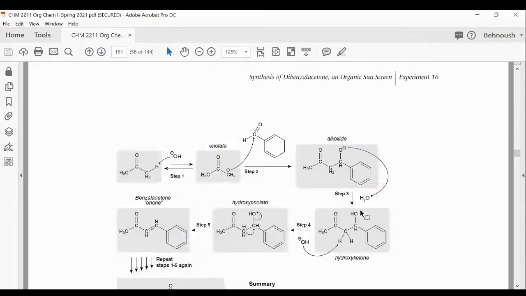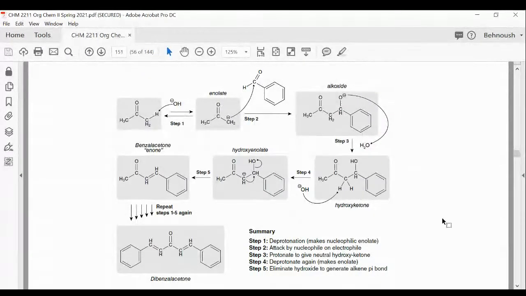When you look at the mechanism for this reaction, I want you to understand the steps. You don't have to memorize all the steps for the purpose of the final exam for this lab, but I want you to understand every step, at least what is happening in this reaction.